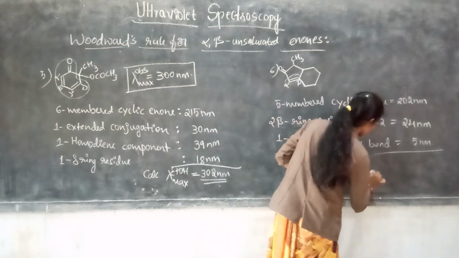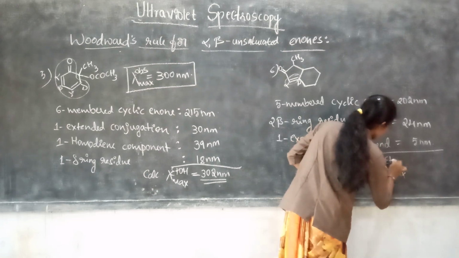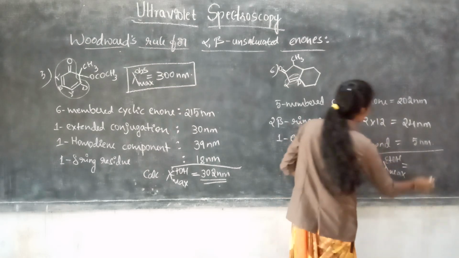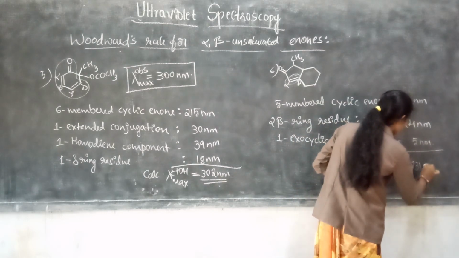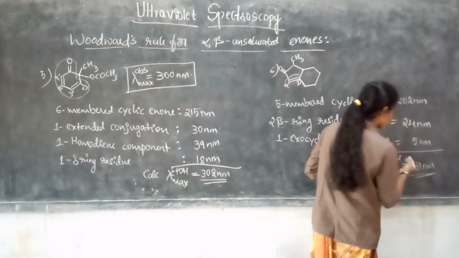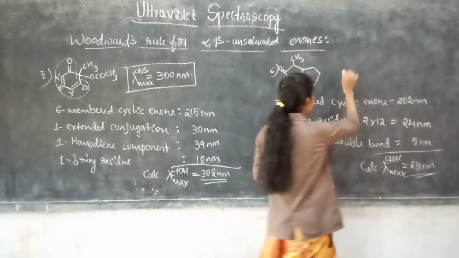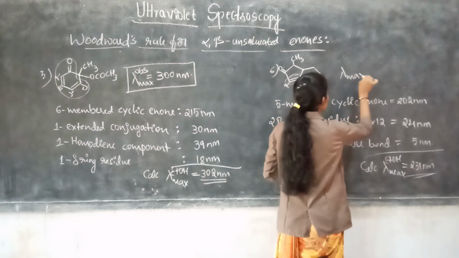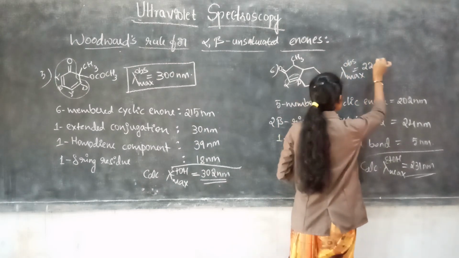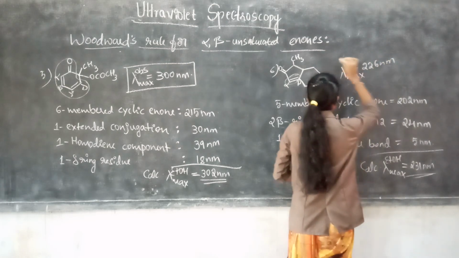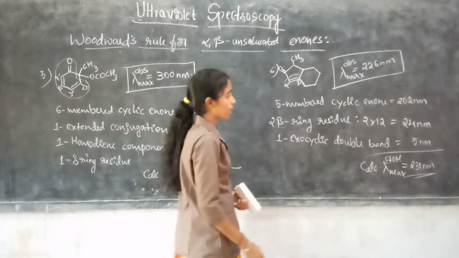So here the calculated absorption maxima is 231 nanometer, whereas lambda max is observed at 226 nanometer.